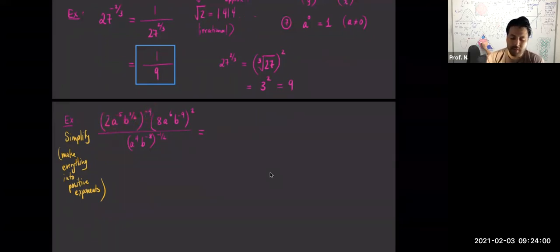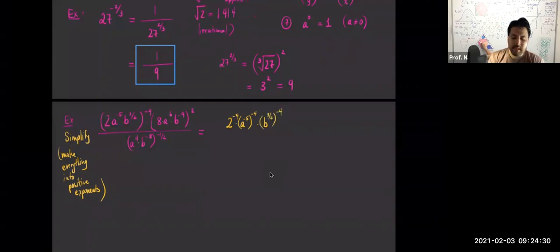So this is going to look like the following. I can take 2 and raise that to the -4. I could take a to the -5 and raise that to the -4 power. I could take b, and again, this is all multiplication. So if you don't see any operation between two numbers or expressions or variables, then you immediately infer that it's multiplication.